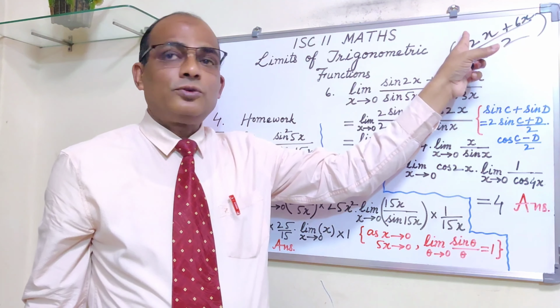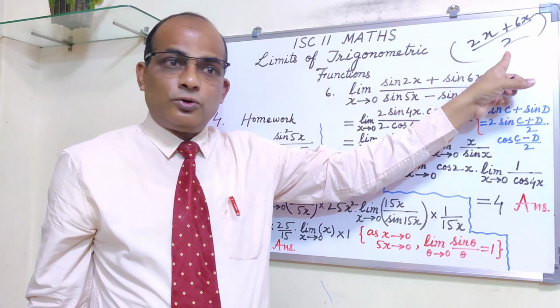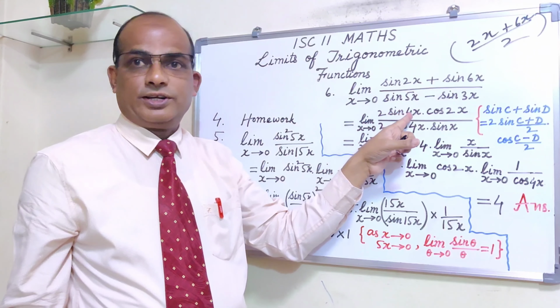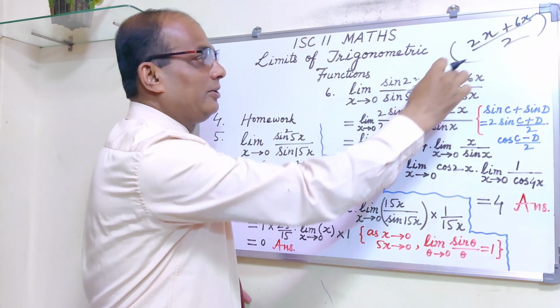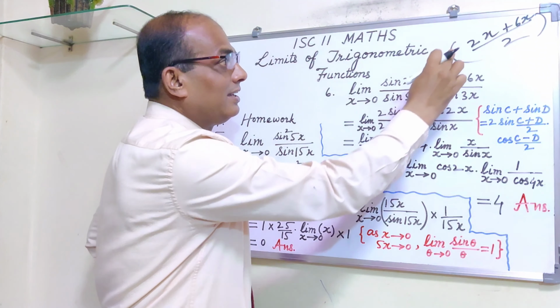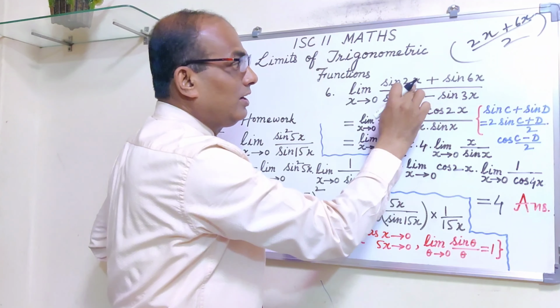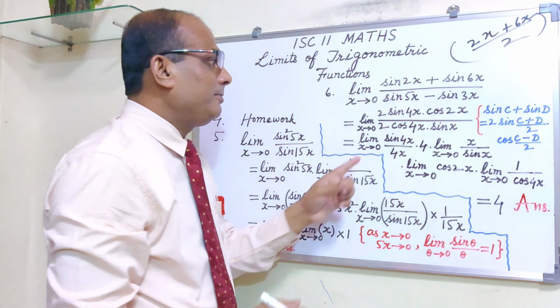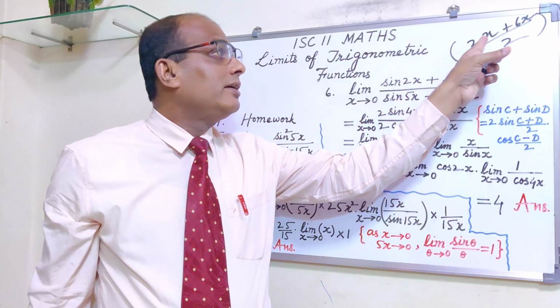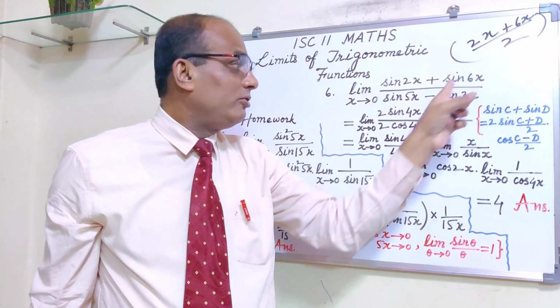So 6x plus 2x, 8x by 2, that means 4x. So 2 sin 4x. If you want to write down this step also, you can write down 2 sin (c plus d) by 2 into cos (c minus d) by 2. And the next step you will get 2 sin 8x upon 2, that is 4x.